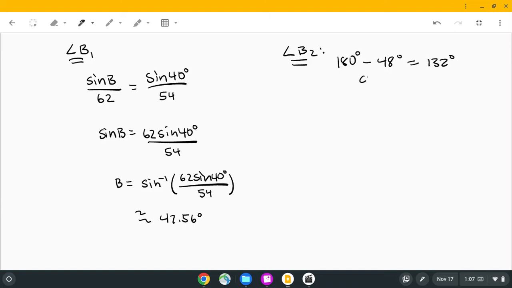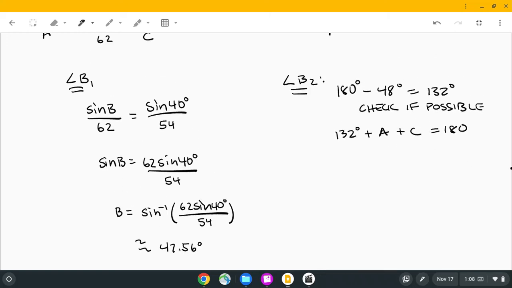Okay, and then we're going to check if possible. Check if angle B, which is 132 degrees, is possible. So 132 plus angle A plus angle C. Is there room to make 180? Okay, so angle A is 40.